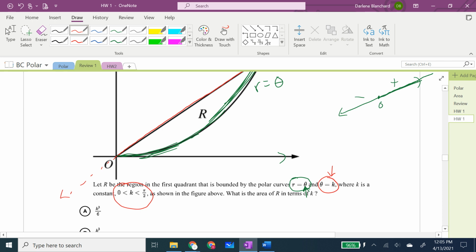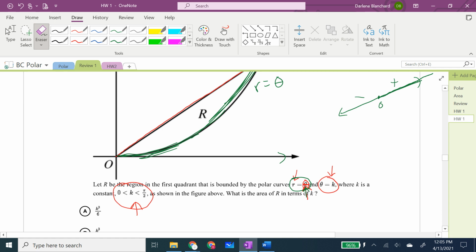And if my k is going from 0 to pi over 2, then realize that means I'm dealing with values of r that are also 0 to pi over 2. They are positive values. So it is just a ray because I'm only working with positive r.